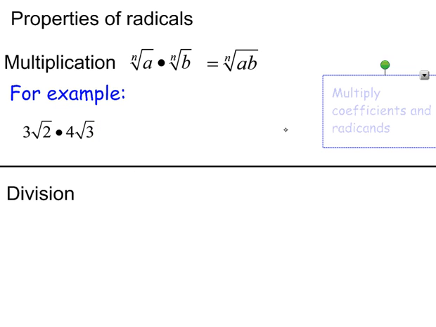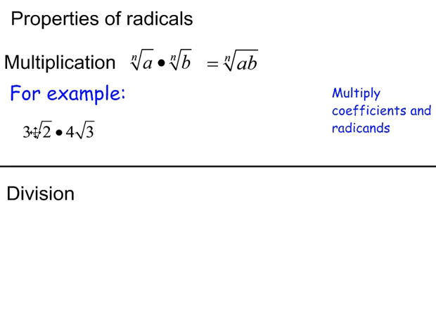All you have to do is multiply the coefficients and the radicands. So 3 times 4 is 12, so you get 12 outside of the radical, and then radical 2 times radical 3 is radical 6. So essentially the multiplication rule is just saying multiply the coefficients and multiply the radicands.